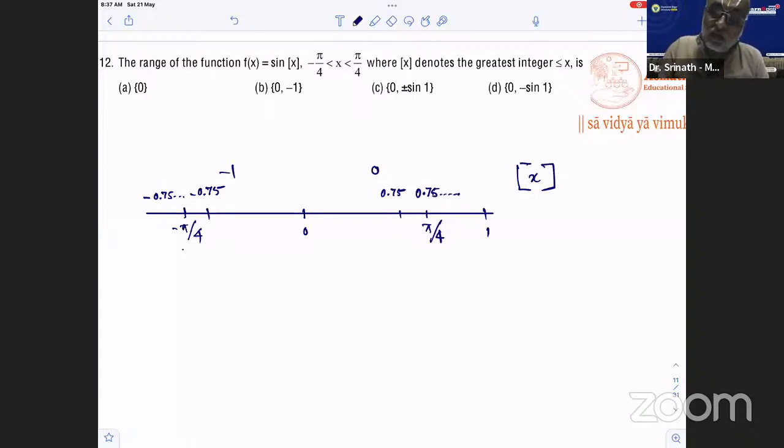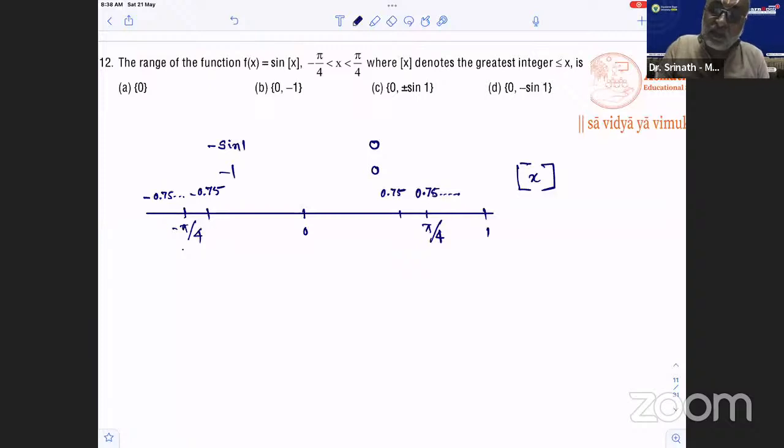So now we have this function, sine of greatest integer x. What is sine of minus 1? Sine of minus 1 will become minus sine 1. And sine 0 is 0.